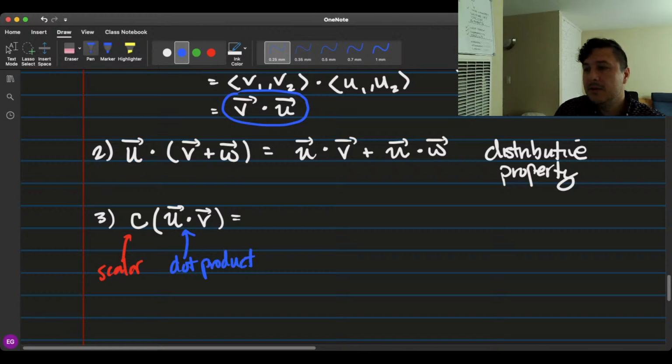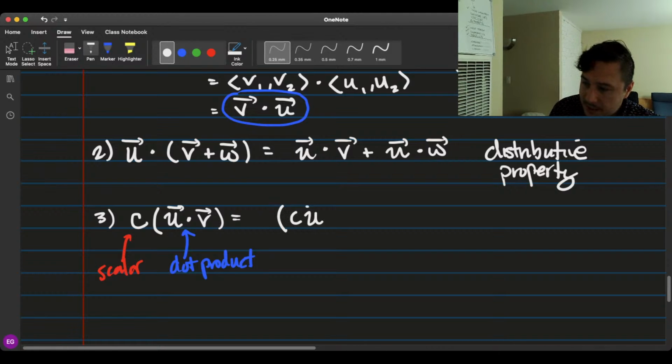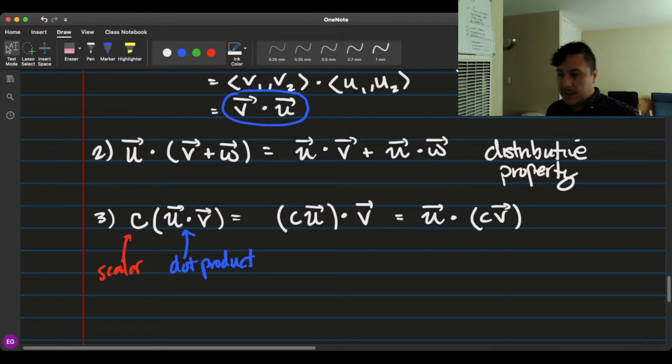There's several ways that you can break this up. You could first do the scalar times one of the vectors and then dot it. Or you can multiply the scalar by the other vector and then dot it. But notice that there's still a dot product for each of them.